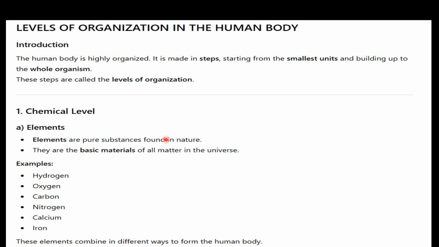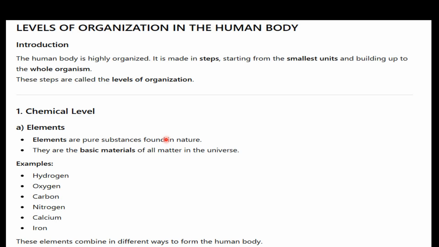Now, if we break down the levels of organization into categories, the first one is the chemical level. The first thing inside the chemical level is elements.